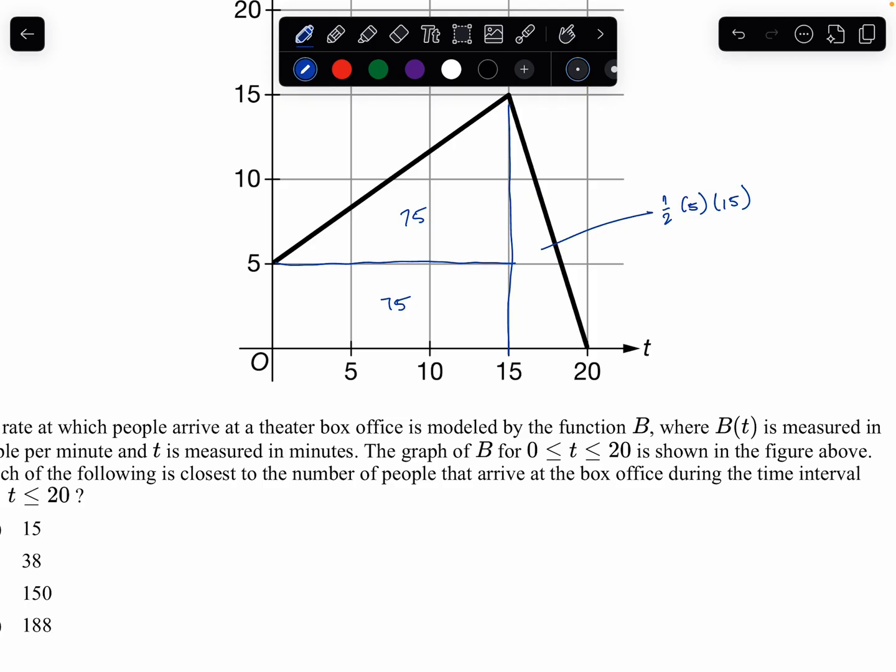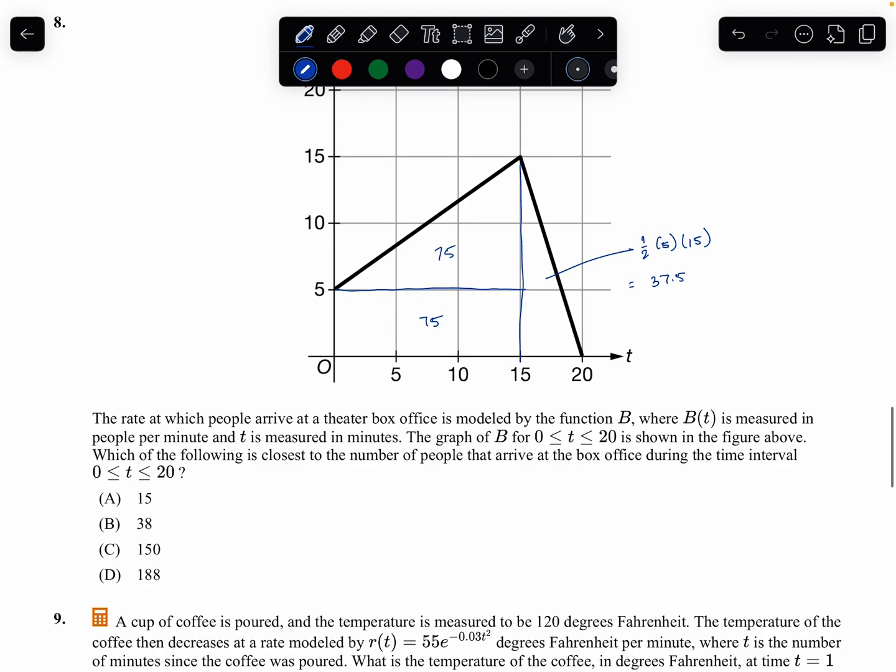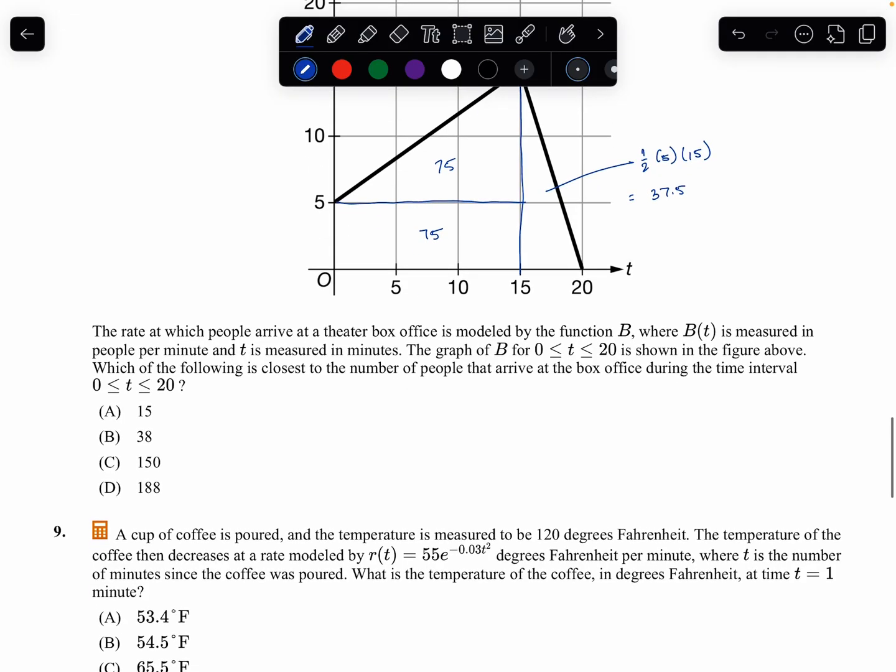So 37.5. So I think we can just add all that up. So 75 plus 75 plus 37.5, and I got 187.5. So we'll go with D right there.